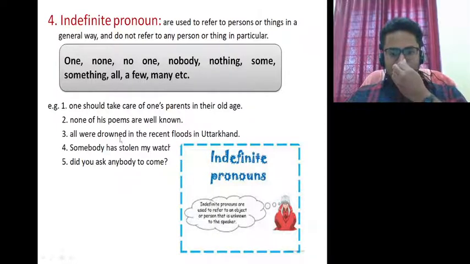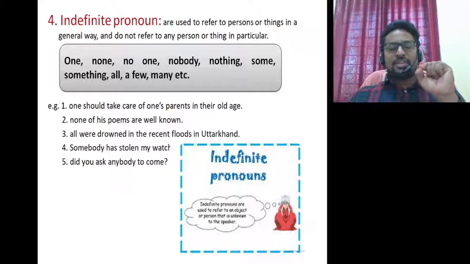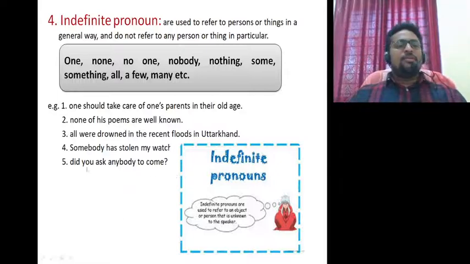Indefinite pronouns are used to refer to an object or person that is unknown to the speaker. One should take care of one's parents in their old age.